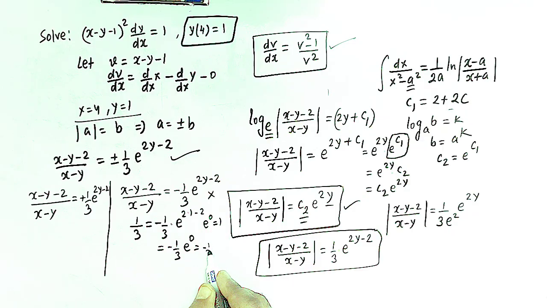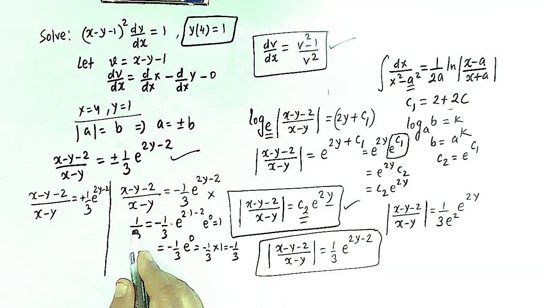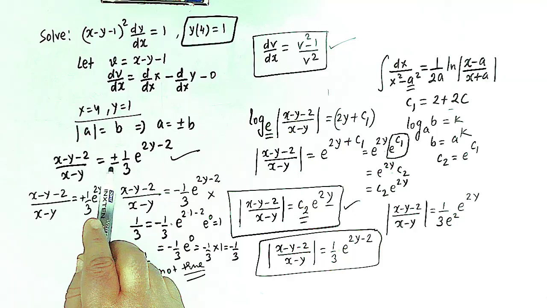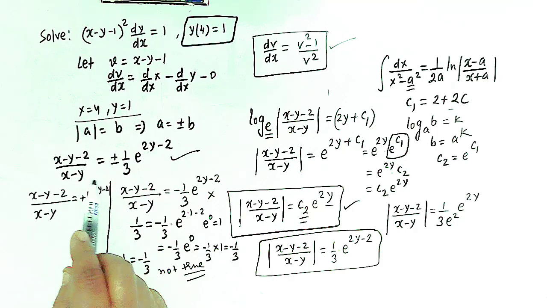So here we have minus 1 over 3 times 1, that is minus 1 over 3. So we are getting a false statement here. 1 over 3 is equal to minus 1 over 3, which is not true, right? So here we can discard the negative sign and retain the positive sign.